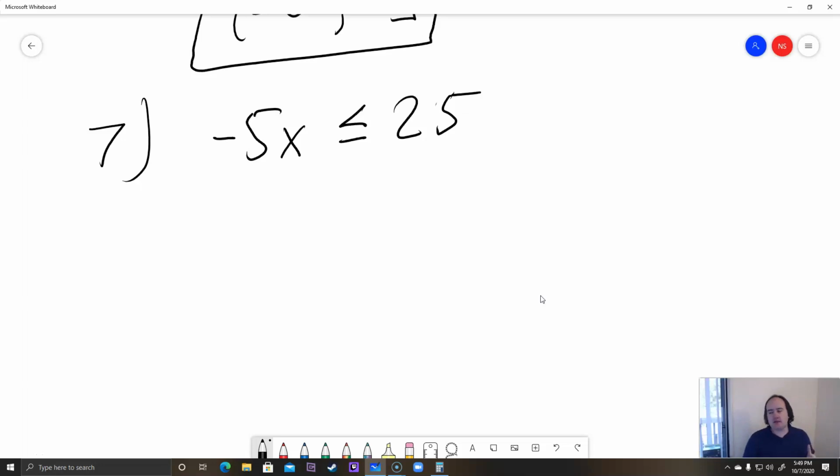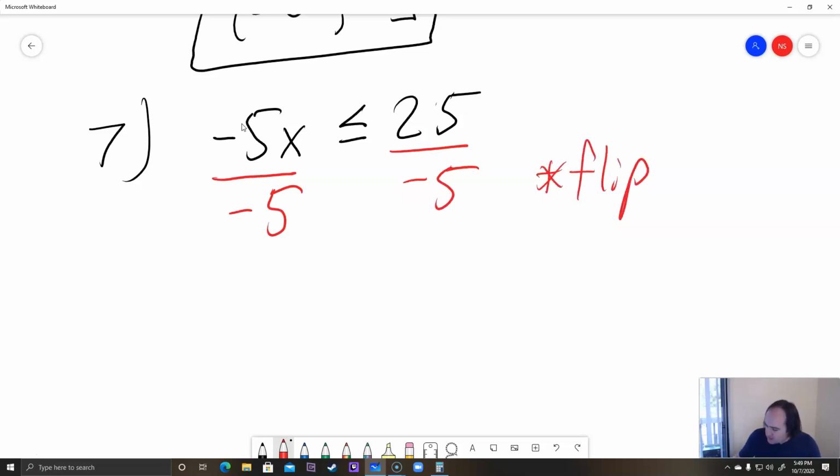Now this problem is pretty simple to solve. It's pretty easy to isolate x on the left side. But the way we do it is we have to divide both sides by negative 5. And the problem is, if you're multiplying or dividing both sides of an inequality by a negative number, you have to flip the direction. So it has to switch around. So if I divide both sides by negative 5, I have to flip the direction.